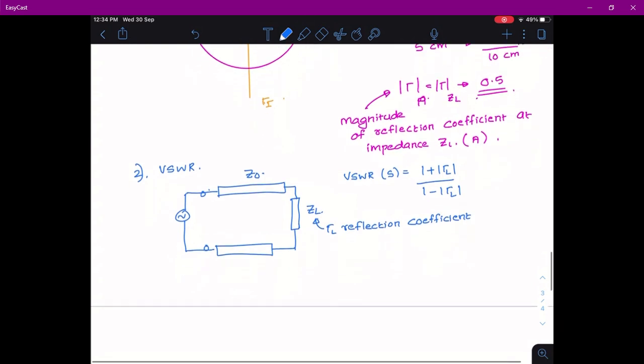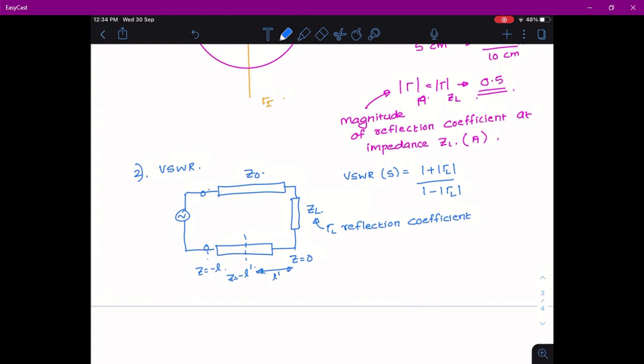Now, what is the speciality of this SWR? Let's say this is Z equal to 0 point, and this is Z equal to minus L point, which we have considered, and at any point there is some L dash, Z equal to minus L dash, which is at a distance L dash from the load.